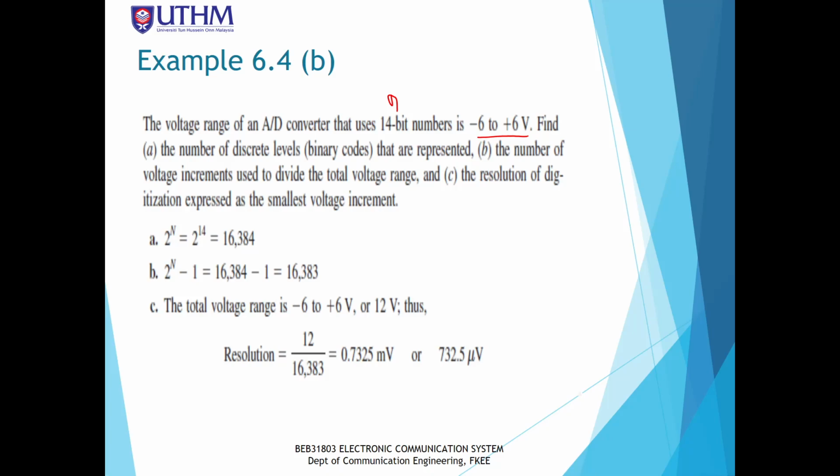Find the number of discrete levels, the binary codes that are represented, then the number of voltage increments used to divide the total voltage range, and the resolution of the digitization expressed as the smallest voltage increment. So this is taken from Frenzel's book.